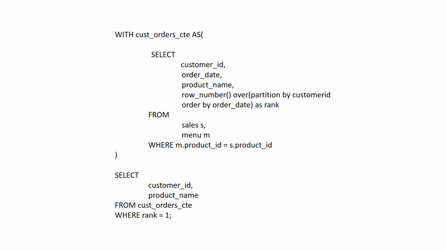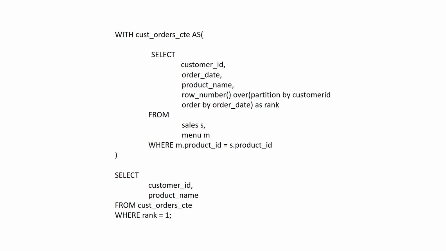Now I am going to break down the query this way. With cust_orders_CTE as: this declares a CTE, a common table expression, called cust_orders_CTE, that selects customer ID, order date, product name, and the rank of each row within a partition of customer ID ordered by order date from the sales and menu tables.